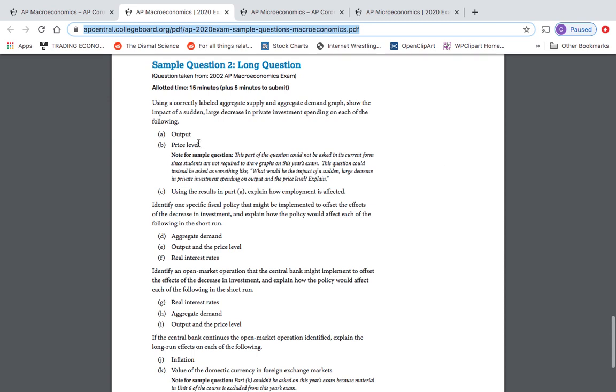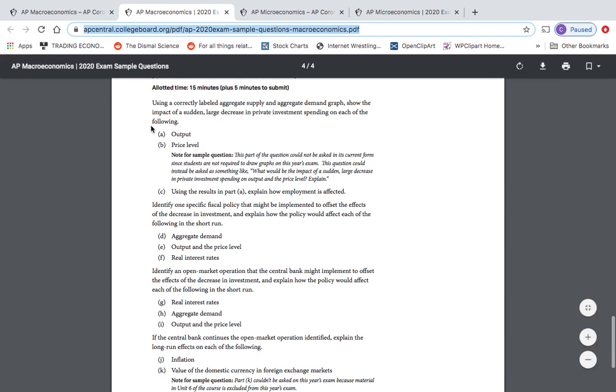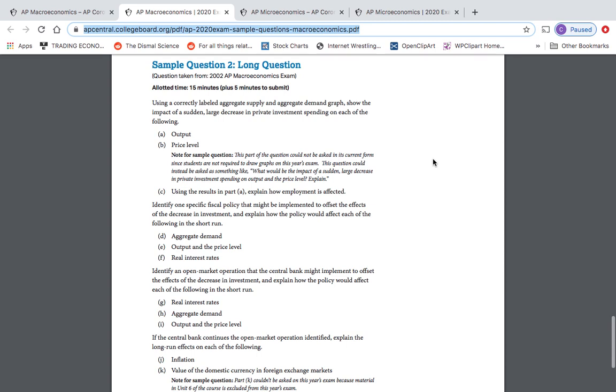Now, let's see, they don't even tell us here where the economy is operating. It just says that there's a sudden decrease in private investment, which is gross investment expenditures. So, I mean, if they don't tell you if the economy was in recession, inflation, or fully employed, you can just do a quick sketch of a fully employed economy would be perfectly fine here.